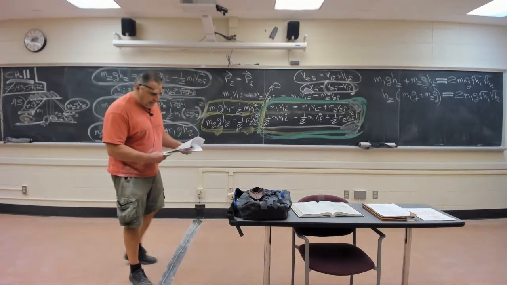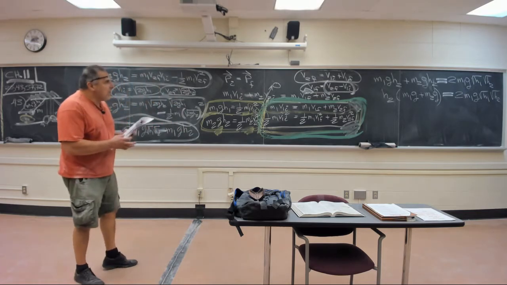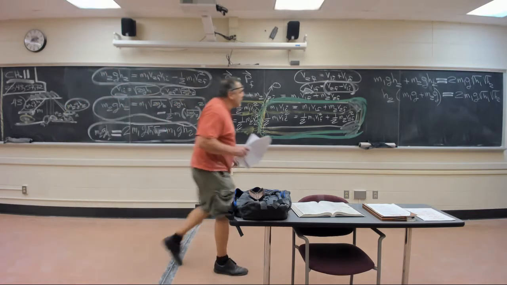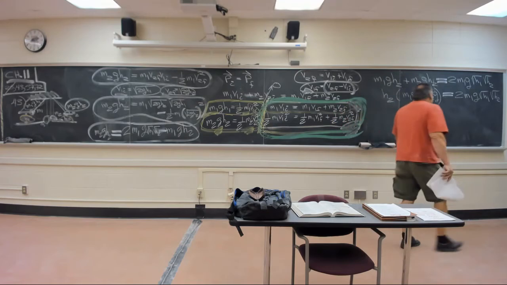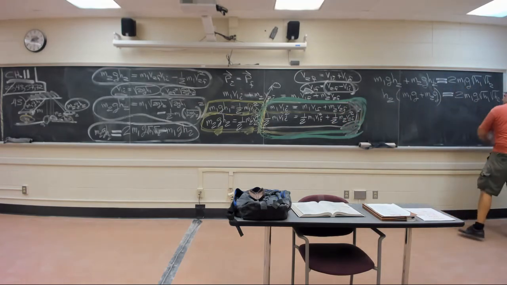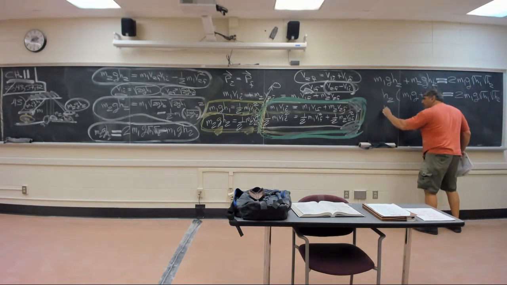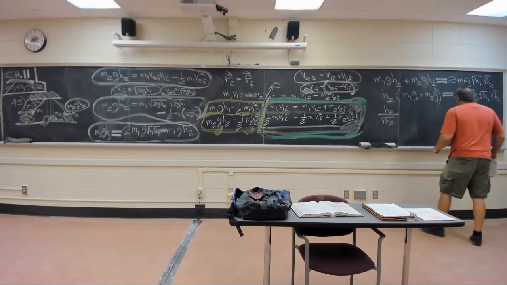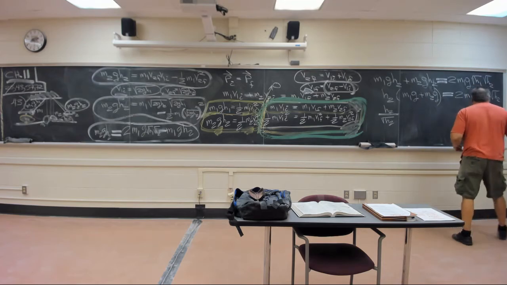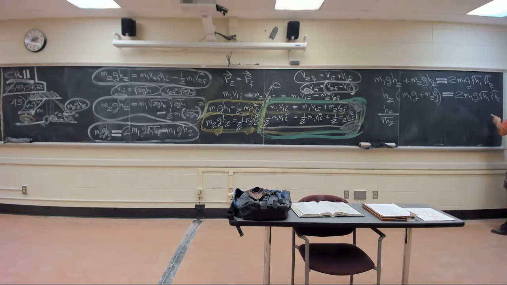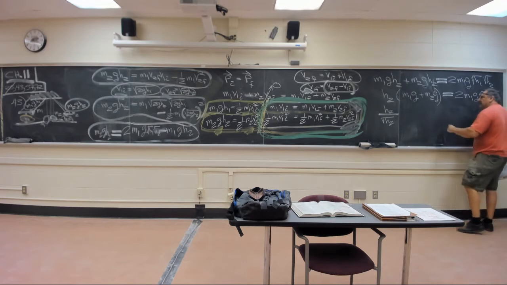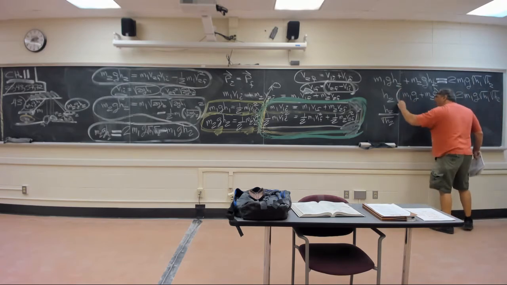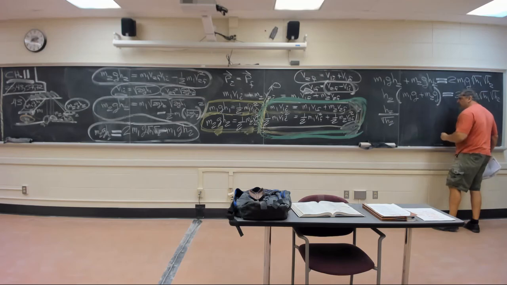We try to think of something here. This is actually easier than you think, guys. Why don't you divide by the square root of H2 on each side? Let's divide by the square root of H2 on each side and divide by the quantity M1G plus M2G on each side.